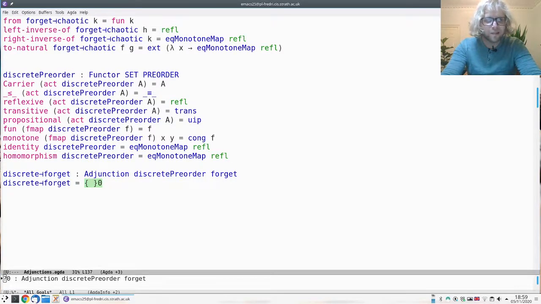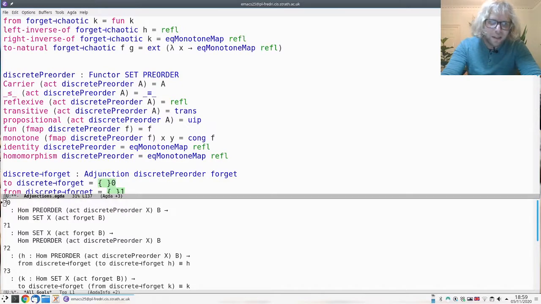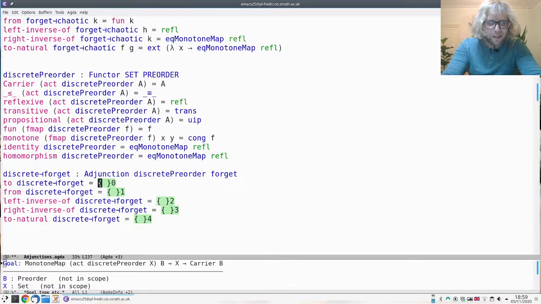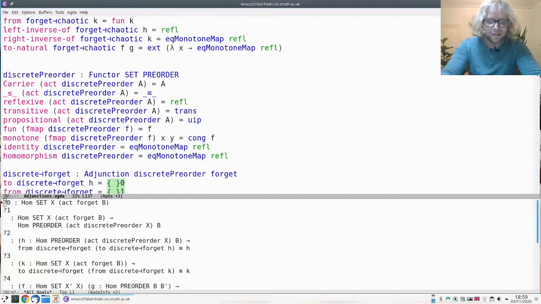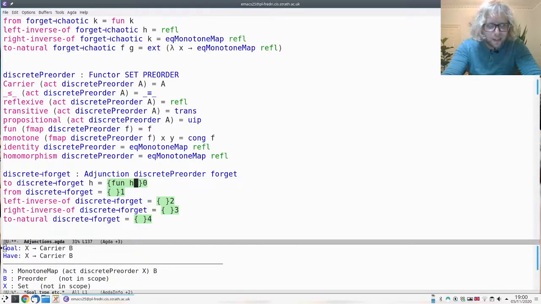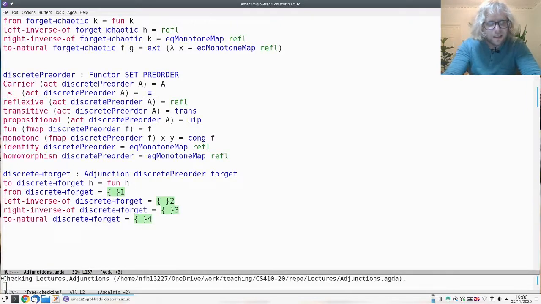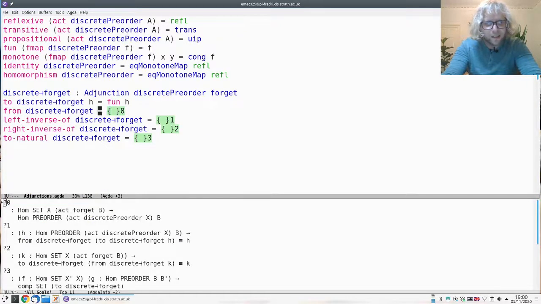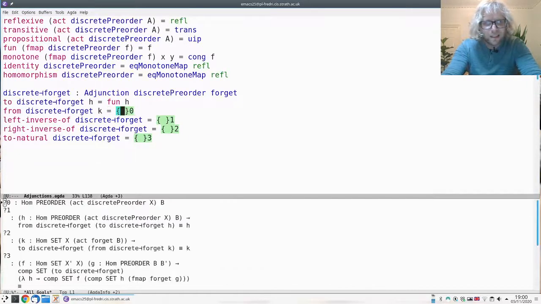Now let's see that we really have this to and from that we want. So in to, we need to take a monotone map H and turn it into a set map. Well, H comes with an underlying function again, so we can use that. And going the other way is the interesting direction, right?